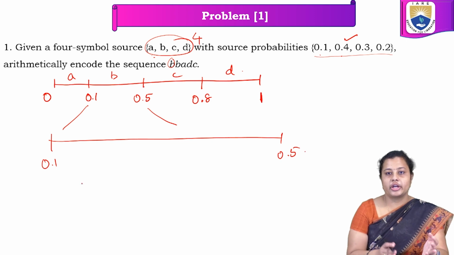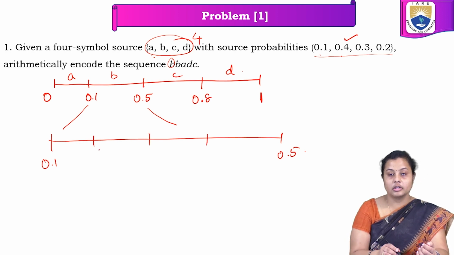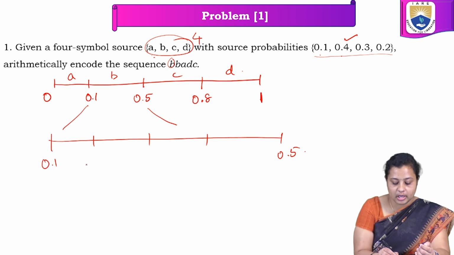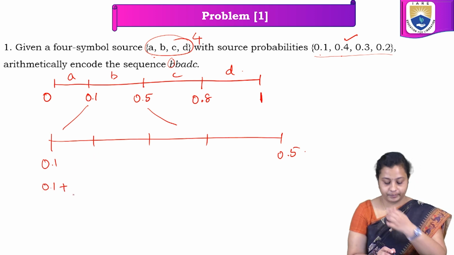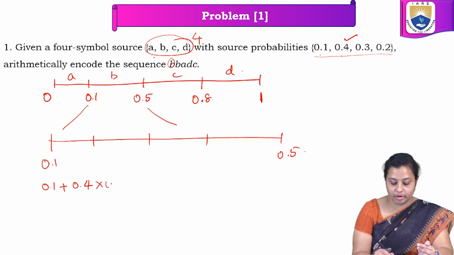So I have my range as 0.1 to 0.5, right? Now I'm going to divide it again into subgroups based on the number of source symbols. So how do I get these values? I will take 0.1 plus the total length, which is 0.4, into the probability of my A symbol, 0.1. So this I'll get as 0.14.